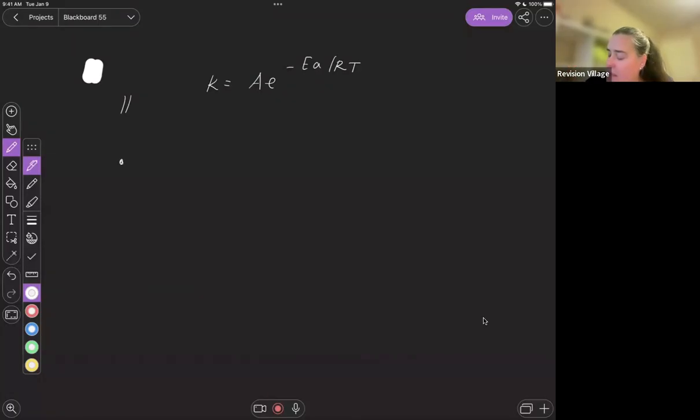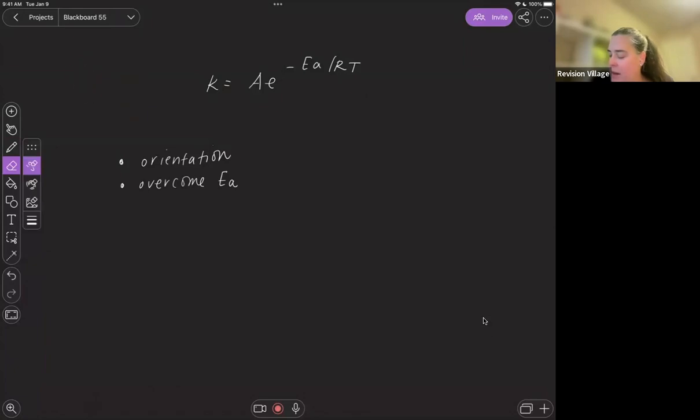So collision theory said that for a reaction to be successful, we need to collide with the right orientation, and we need to have enough energy to overcome the activation barrier. And so Arrhenius said, hey, I can make this a math problem instead. I can try to explain what's going on.